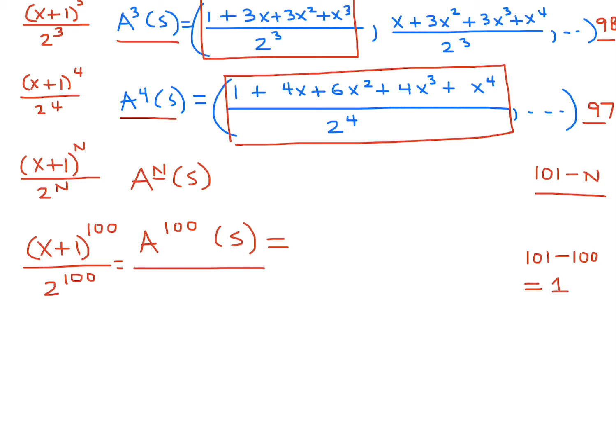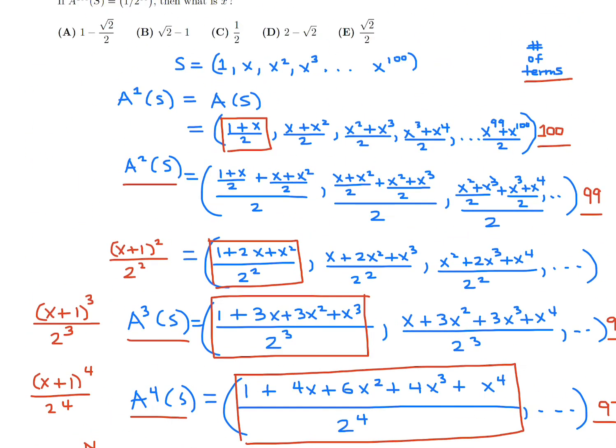This will only have one term, and that one term, if you were to make a list, will be this guy right here. That's the only term: (x plus 1) to the 100 over 2 to the power of 100.